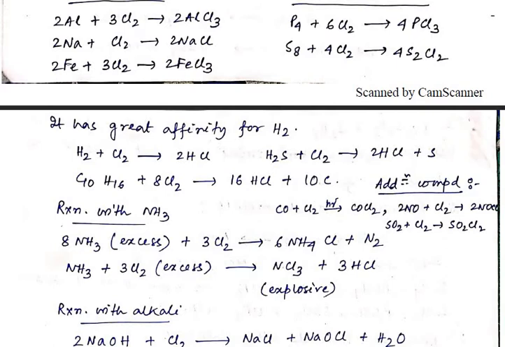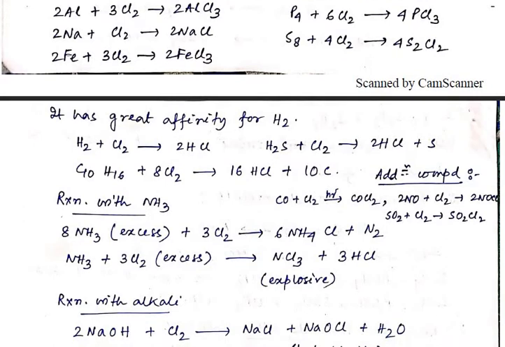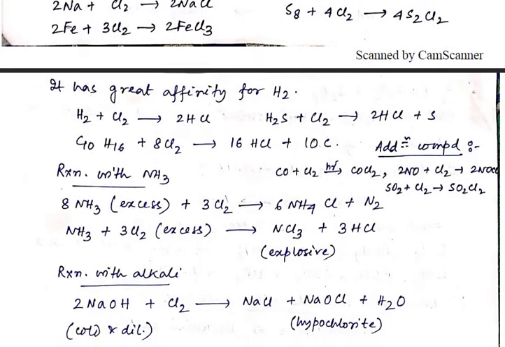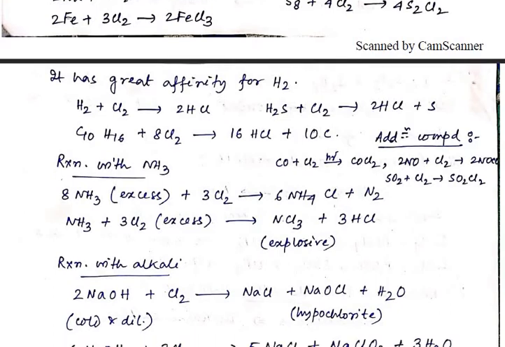The chlorine gas also has great affinity for hydrogen. Okay, everybody knows about the HCl, so that is the reason of the great affinity of Cl2 towards hydrogen. So H2 plus Cl2 will form HCl. Suppose I have H2S, that is hydrogen sulfide gas, and when it reacts with Cl2, it also forms HCl along with sulfur.